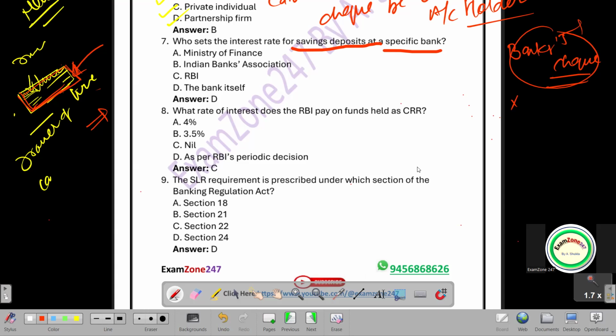देखो, who answered this, RBI? See, sometimes the mistake being made by a number of aspirants is that they think RBI is doing everything. No, RBI is not doing everything.